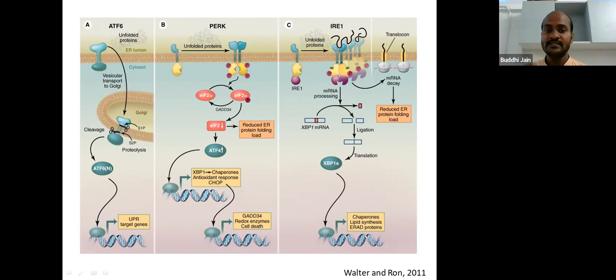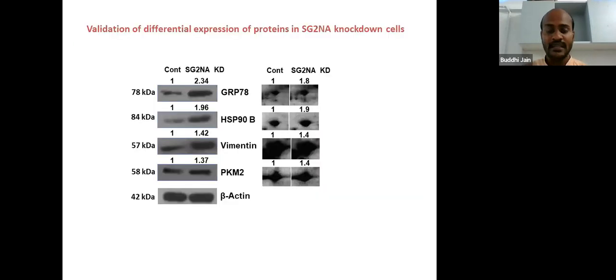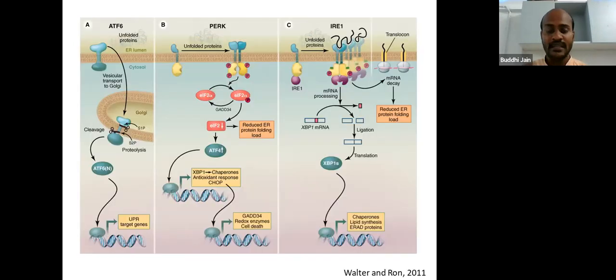Now ATF4 acts as a transcription factor. It migrates to the nucleus and increases the expression of various chaperones, antioxidant response genes, and other proteins which assist in protein folding.